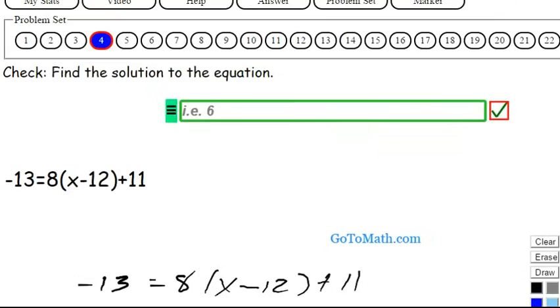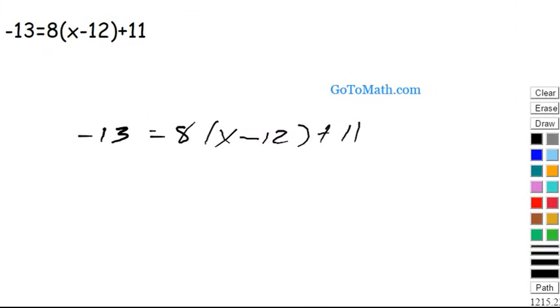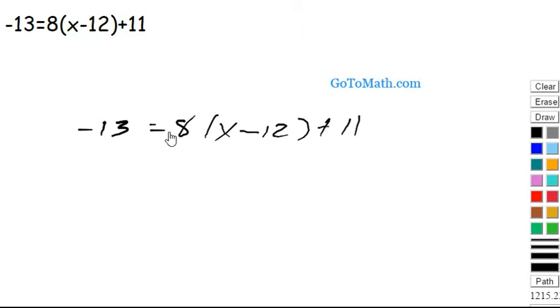What I'm going to do here is take this 11 and get rid of it. So we want to subtract 11 from both sides. And then we'll rewrite. So we have negative 13 minus 11, which is going to give us negative 24.